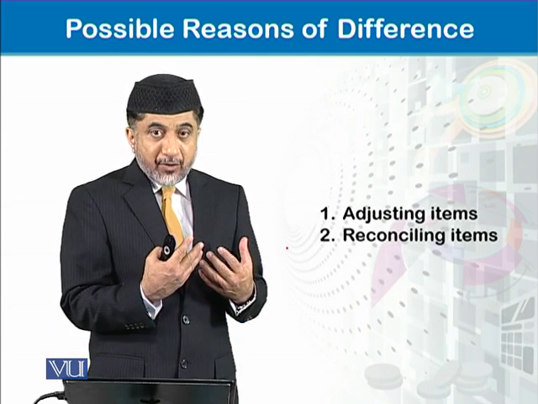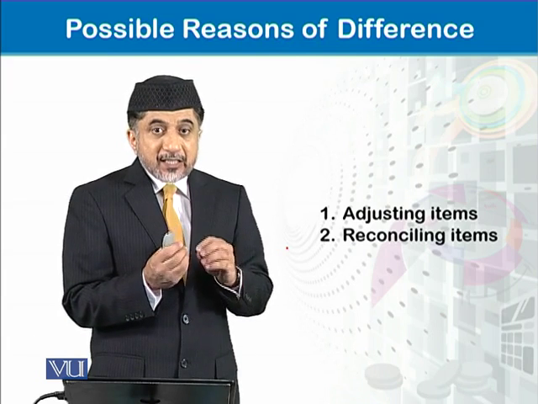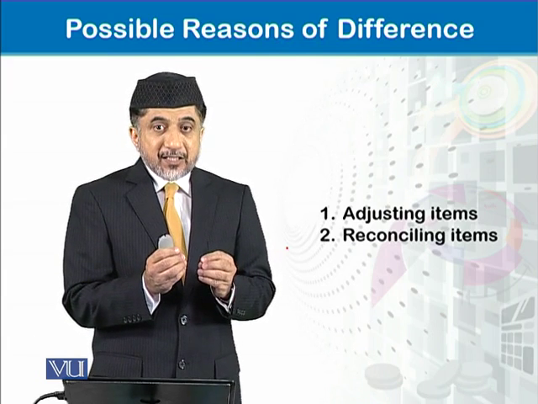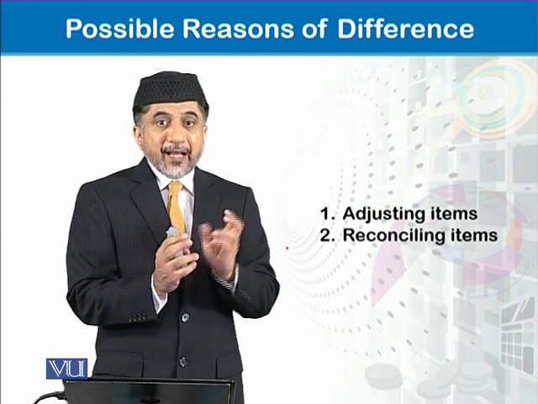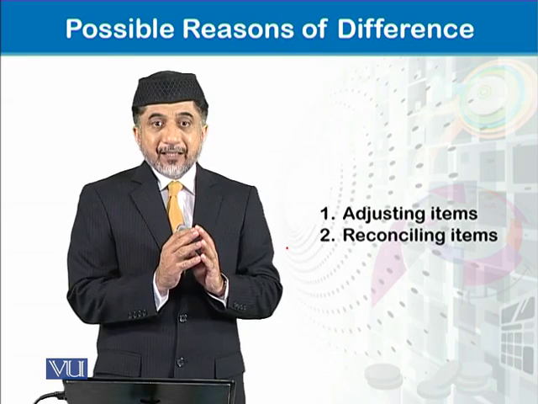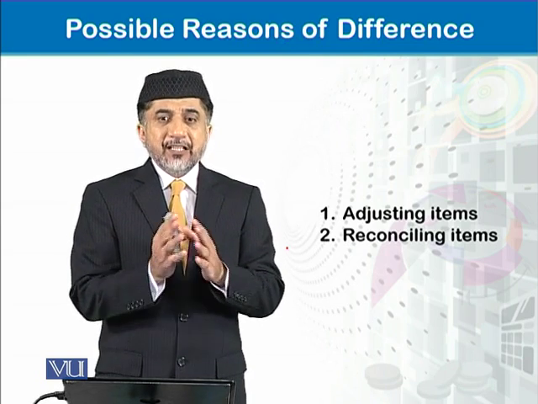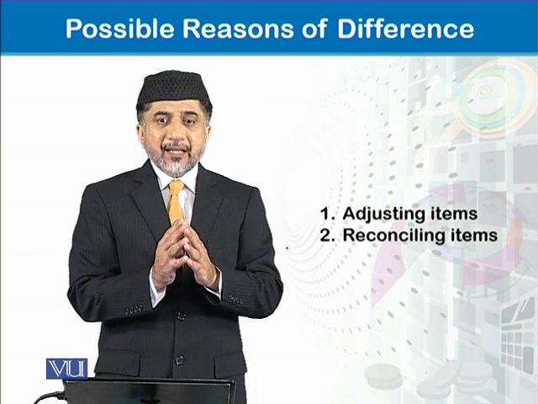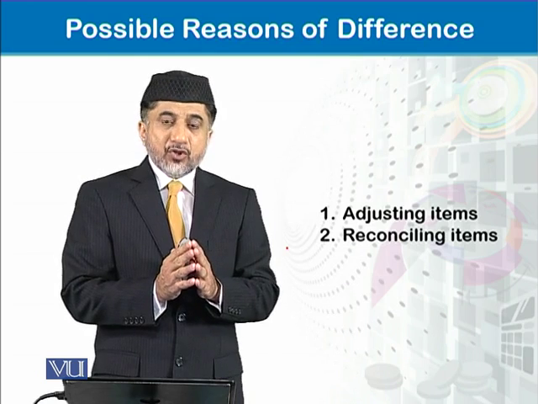As we have already discussed, these are certain reasons for which we were not informed by the banker, which include credit transfer, direct debit, standing order payment, etc., or bank charges or interest on overdraft.